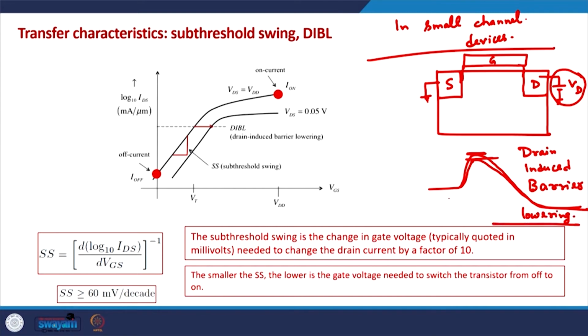Okay, this we have already discussed, and this is a typical small channel effect, and in the subthreshold characteristics, because of drain induced barrier lowering, the transfer characteristics are shifted to the right side.